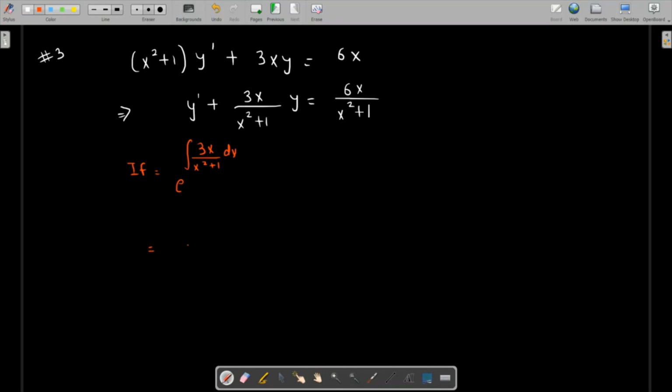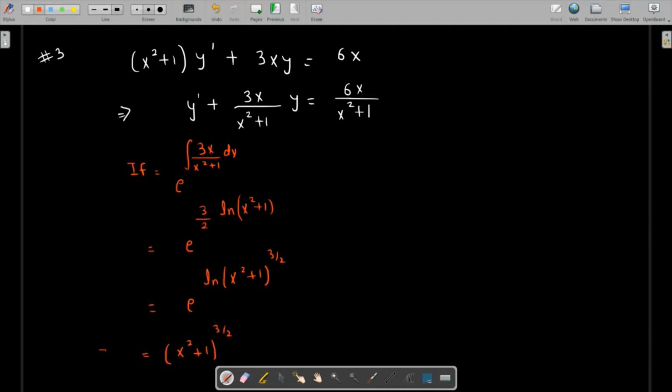So again, we have to make a t substitution, and if we do that, the integral comes out as 1 over 2, a natural log of x square plus 1. So this can also be written as e raised to the power natural log of (x square plus 1) raised to the power 3 over 2. And finally, this comes down using the property.